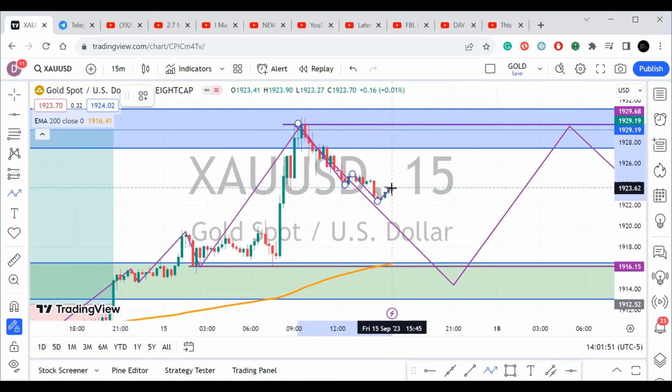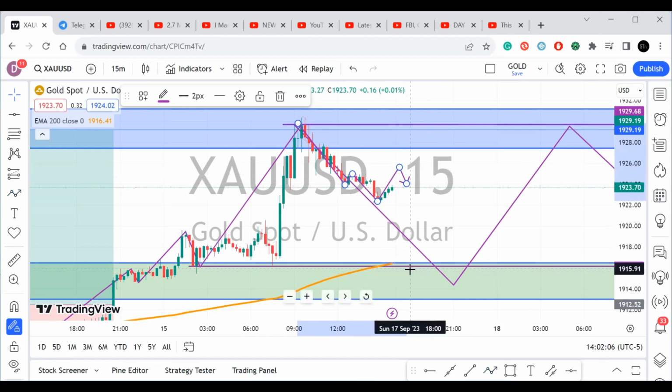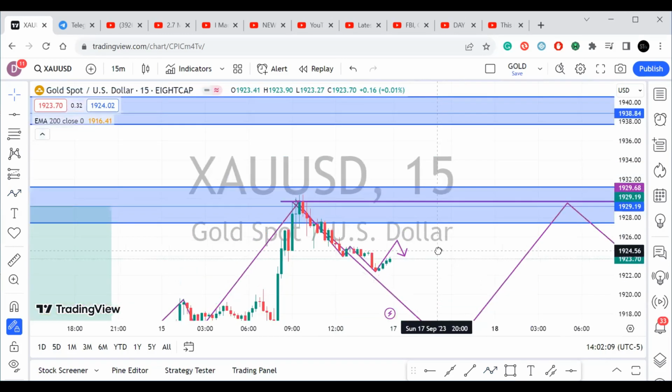If during Asian session price breaks this high, once it pulls back without dropping lower, I'm going to be buying to take profit here.